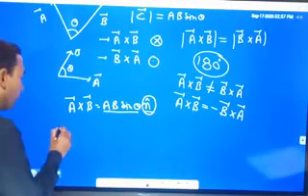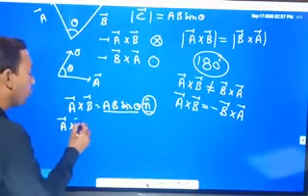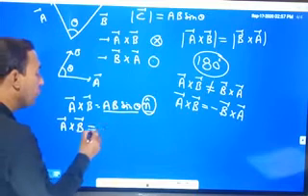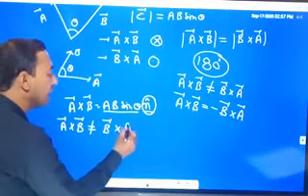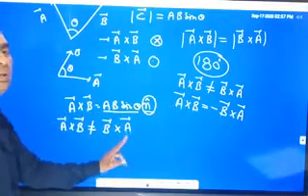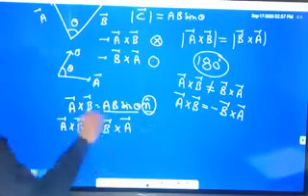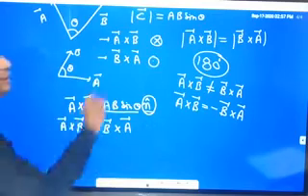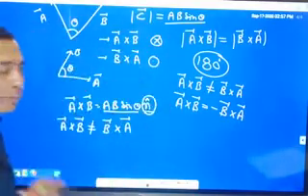Now the cross multiplication of two vectors does not obey commutative rule: A vector cross B vector is not equal to B vector cross A vector. ये भी हम समझ चुके हैं. देखिए आप, it is not equal to B cross A. Why? Because both have same magnitude. इनका दोनों का magnitude same होगा. That magnitude is AB sin theta, but इनका डायरेक्शन सेम नहीं होगा.